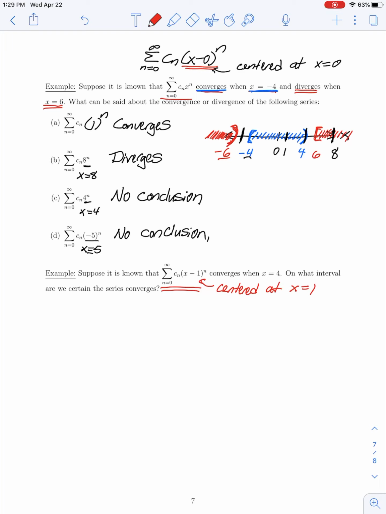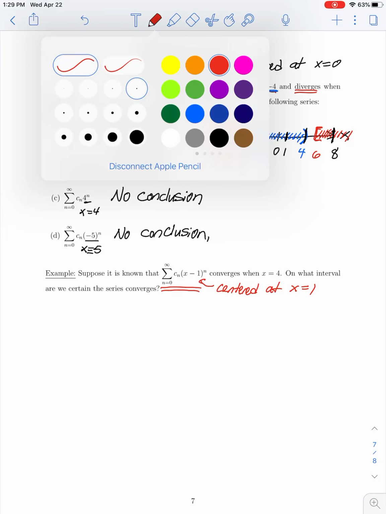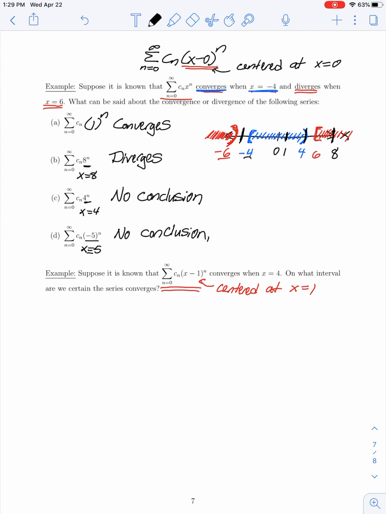So then the question is, on what interval are we certain that this power series converges? So let's think about visualizing this again. We have a number line of possible x values for convergence, and here our power series is being centered at 1.